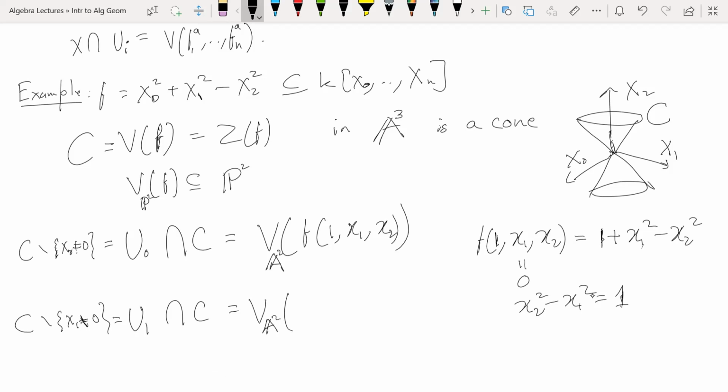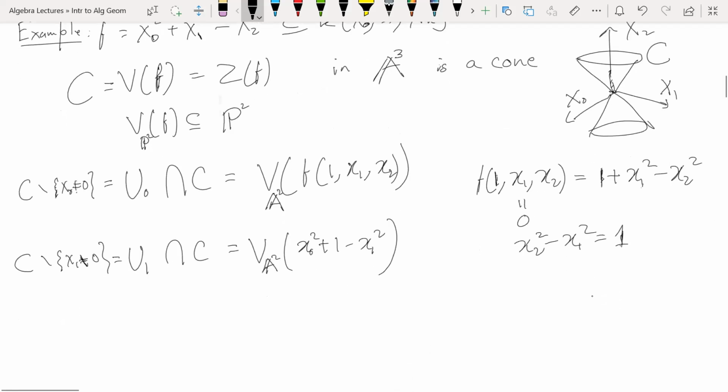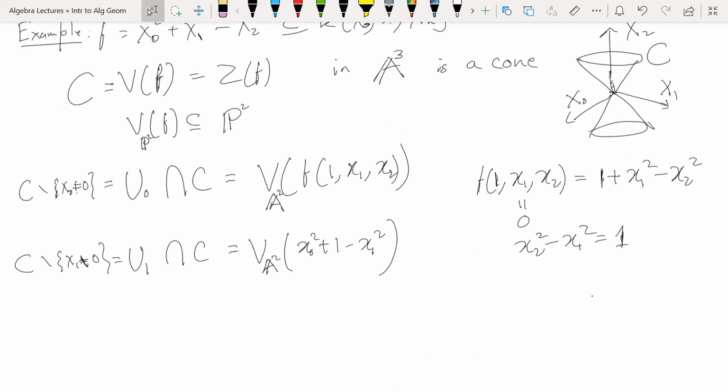X1 not equal to 0 means you set x1 equals 1. So this is V of x0 square plus 1 minus x2 square. So this is also a hyperbola, the zero locus of this. Here the local coordinates become x1 and x2 in A2. Here the local coordinates are little x0 and little x2. But again, it's a hyperbola in these two coordinates. It's x2 square minus x0 square equals 1.